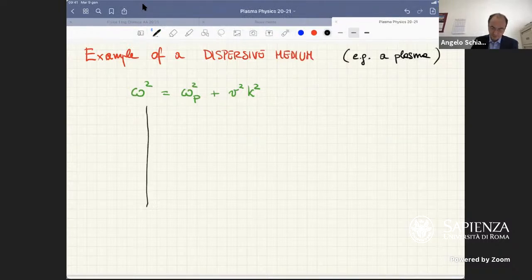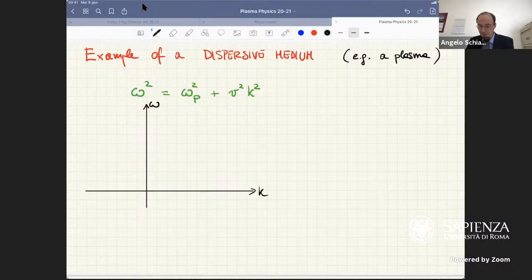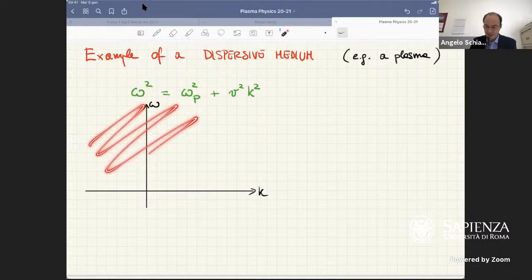Same again. And this is important that you learn how to do it, because usually at the examination, we ask for representing a dispersion relation. So we represent omega as a function of k. As you'll see, a dispersion relation lives in positive values of omega.